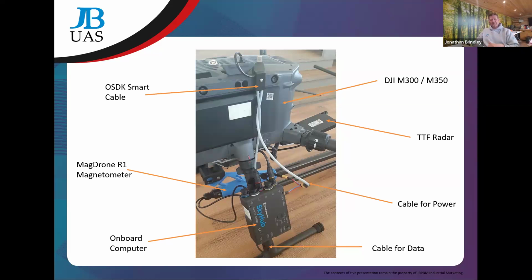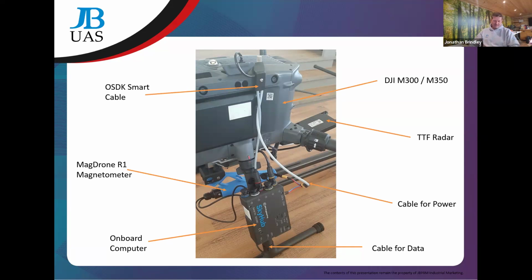We're also taking power from the drone using that OSDK. In this case, you can see it's a development version. So that's essentially what it will look like from the side and how it would be set up.